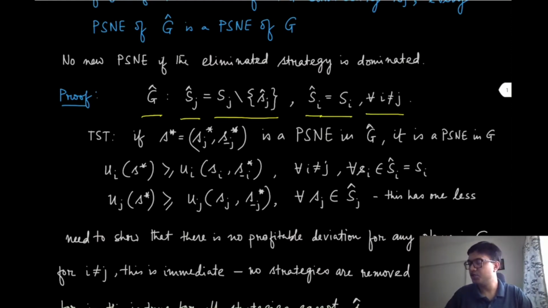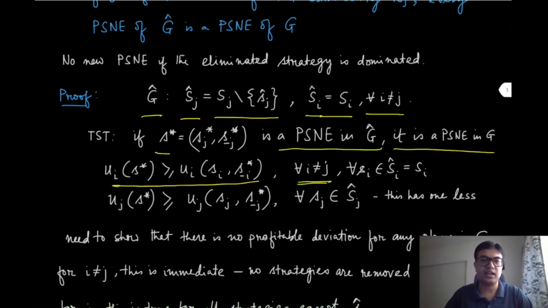Now what do we need to show? We start with S star, which is a PSNE in the reduced game, and we'll have to show that it is also a PSNE in the original game. So for all the agents I, which is not equal to J, we can write this inequality: Ui of S star, by the definition of PSNE, is going to be at least as much as the utility for any unilateral deviation by that player I. And this should be true for all SI, which is living in this space SI hat, and that is equal to SI, because for these players nothing has changed.